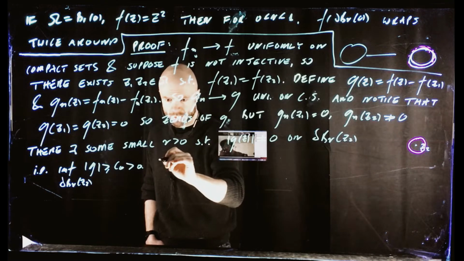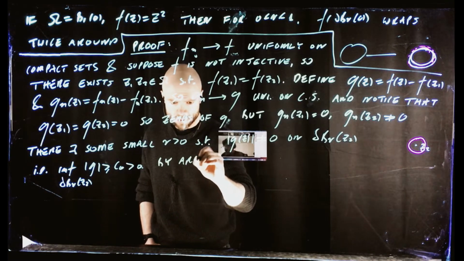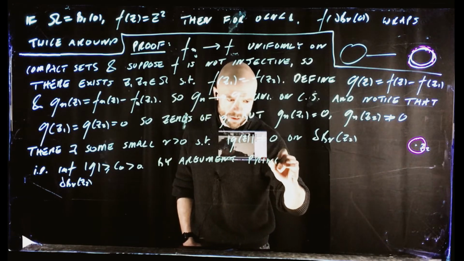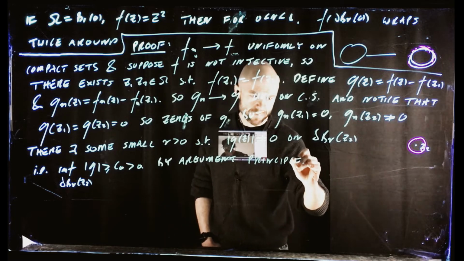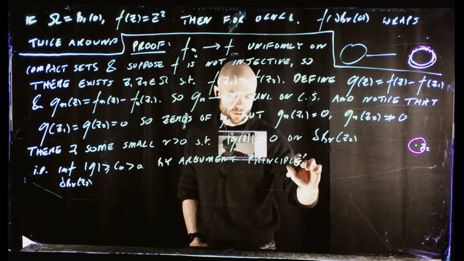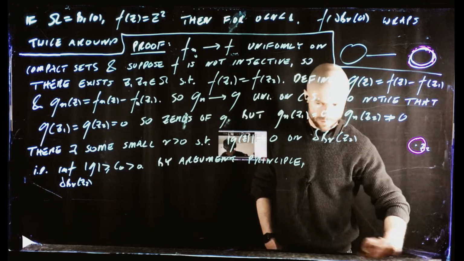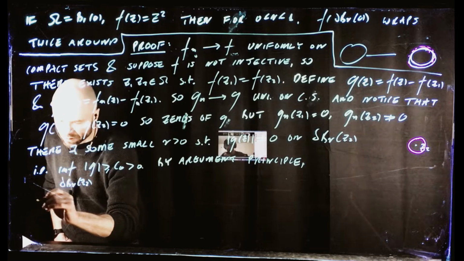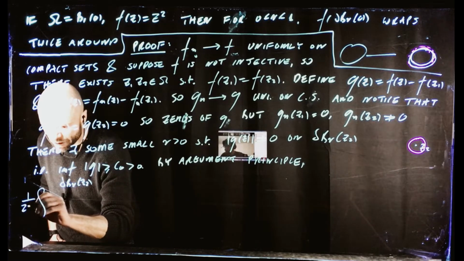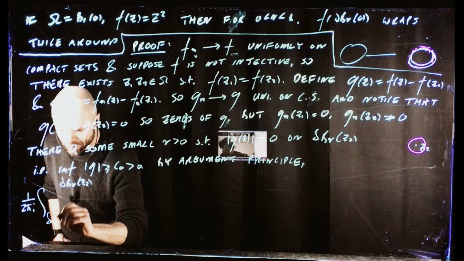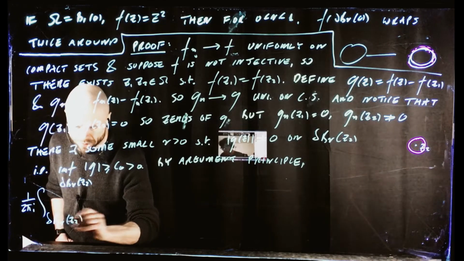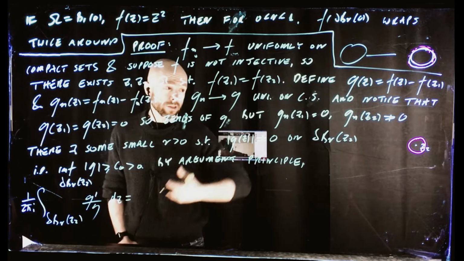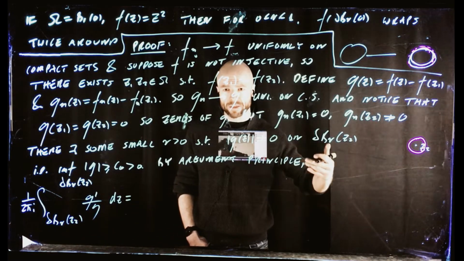So by the argument principle, the integral of 1 over 2 pi i over the boundary of the ball of radius r around z2 of g prime over g dz is the number of zeros, counting multiplicity, minus the number of poles.